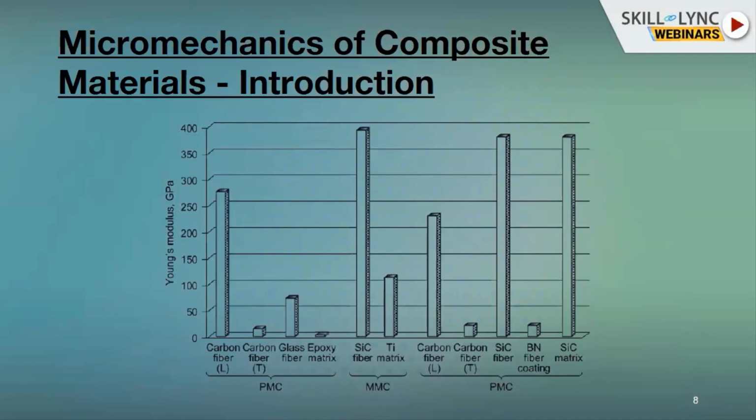But when we combine these carbon fibers and glass fibers into an epoxy matrix, the overall composite varies, and we can find a very good composite material which will have a substantially good modulus as compared to its base epoxy matrix.